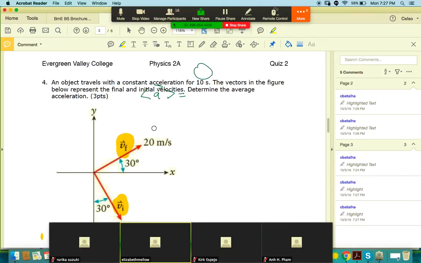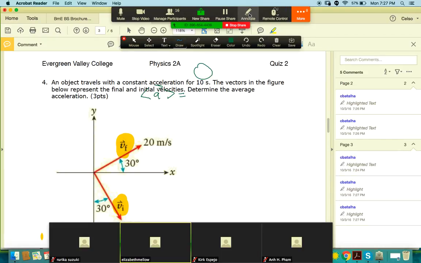So what you need to do is to find the value of your vf. So let me see now if I can write it down. Something with my pen because I can't use the cursor. So vf, I'm using a very bad way of communicating here. vf is 20 cosine.